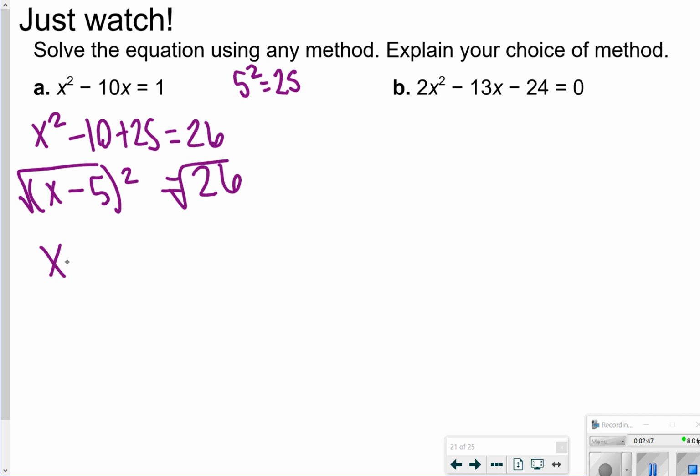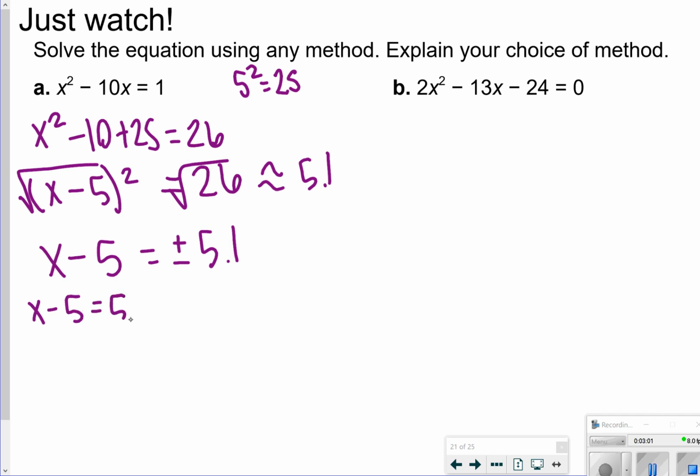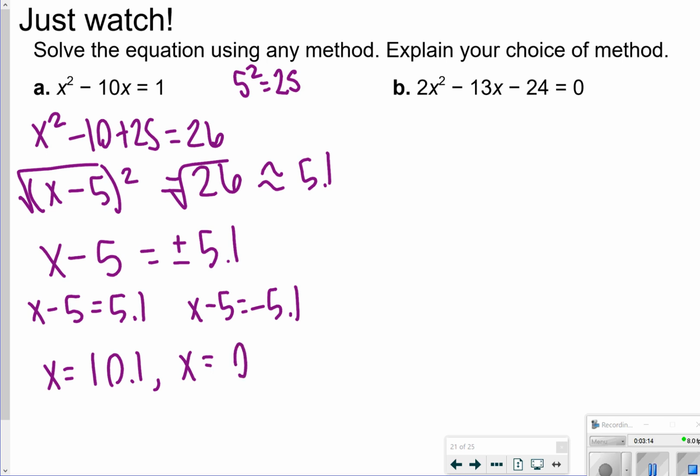This is just going to keep it as x minus 5, but the square root of 26 is about 5.1 if we're rounding to the nearest tenth. So we'll say plus or minus 5.1, and then solve for each. So x minus 5 is equal to 5.1, and x minus 5 is equal to negative 5.1. We are going to get x is approximately 10.1, and x is approximately negative 0.1.